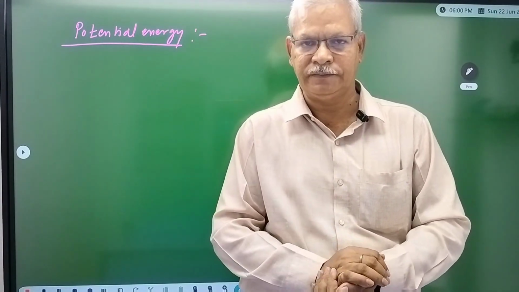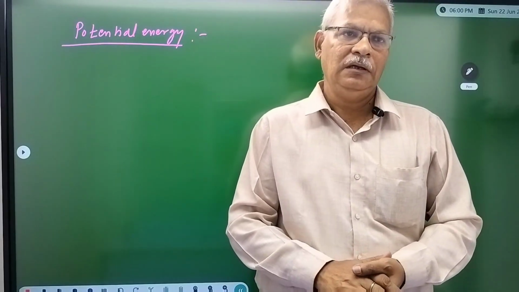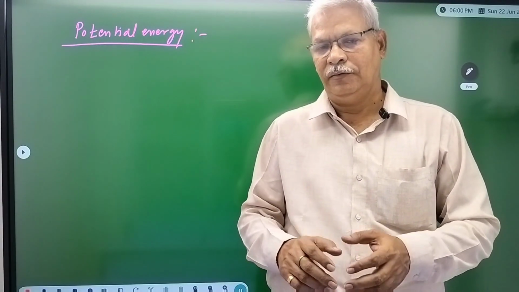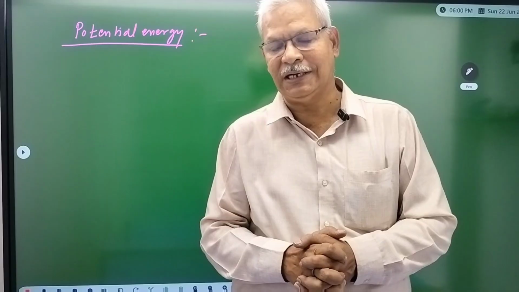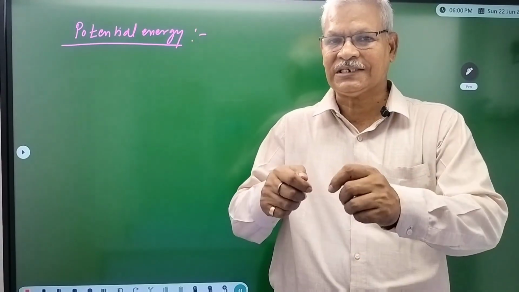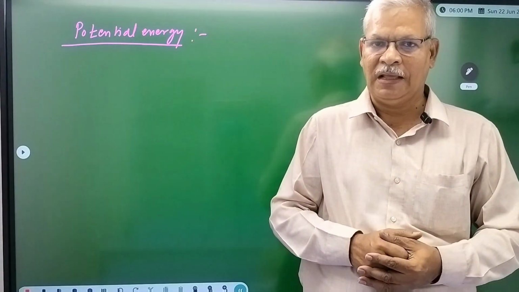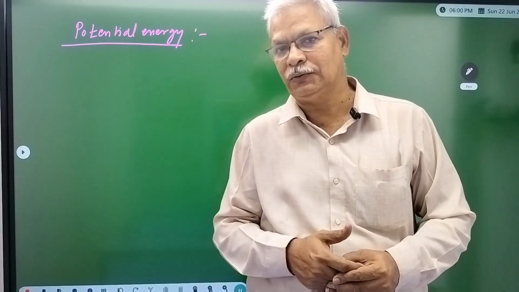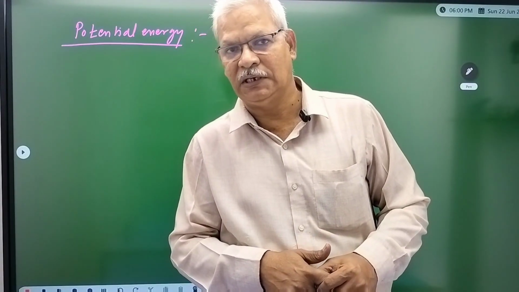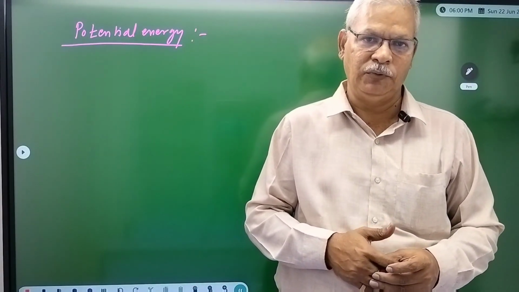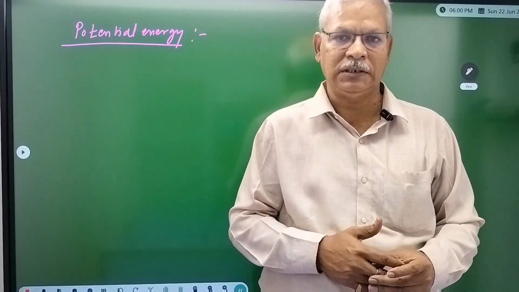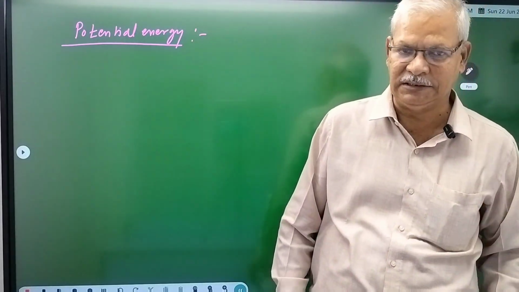It will fall down. Therefore, there is energy stored in the arrow due to stretching it on the bow, or you can say due to the position of the arrow on the bow, called the potential energy.